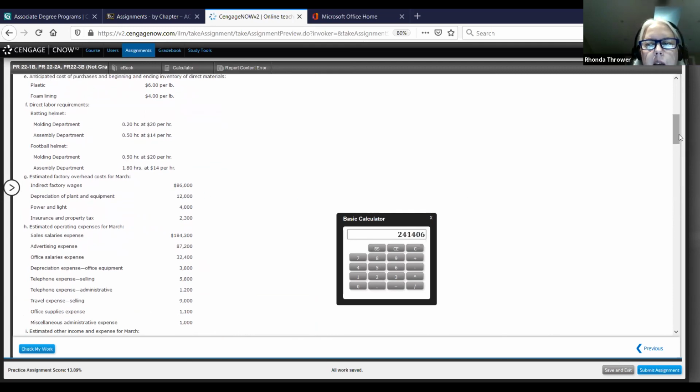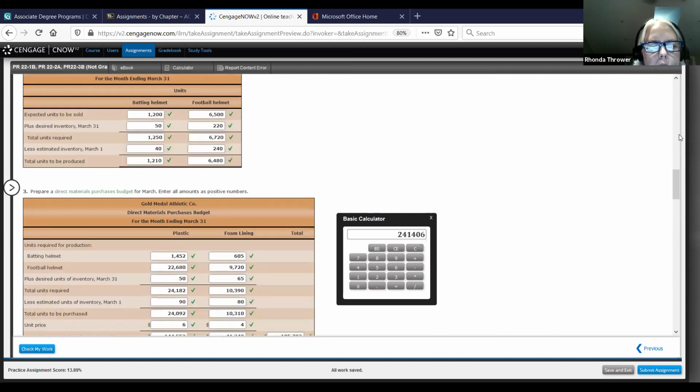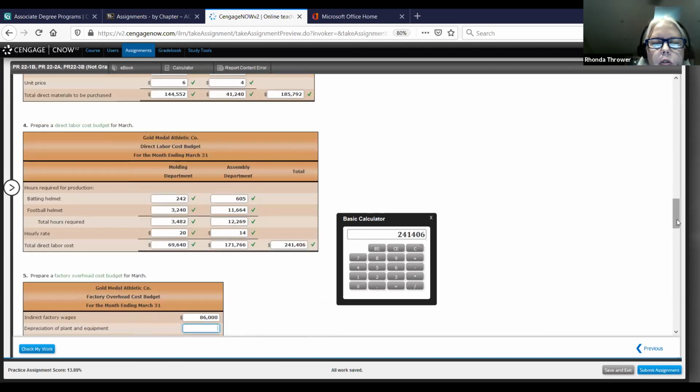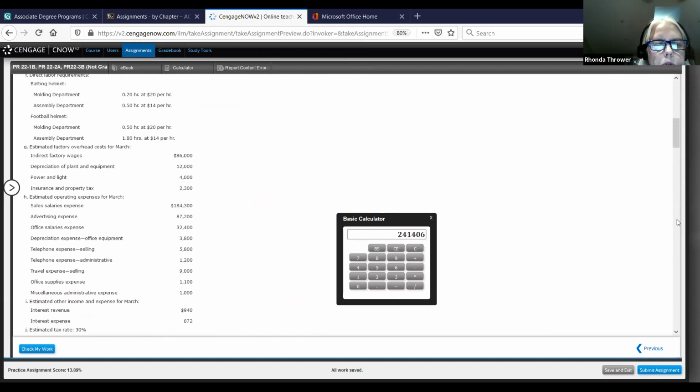So 86,000 is going to be copied here. Then we're going to look for the depreciation, which is 12,000.